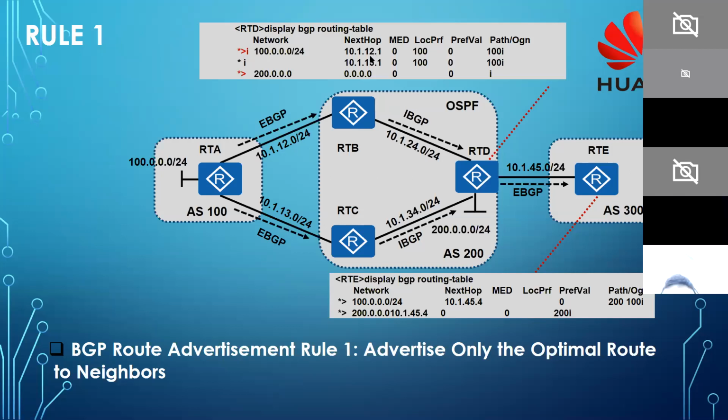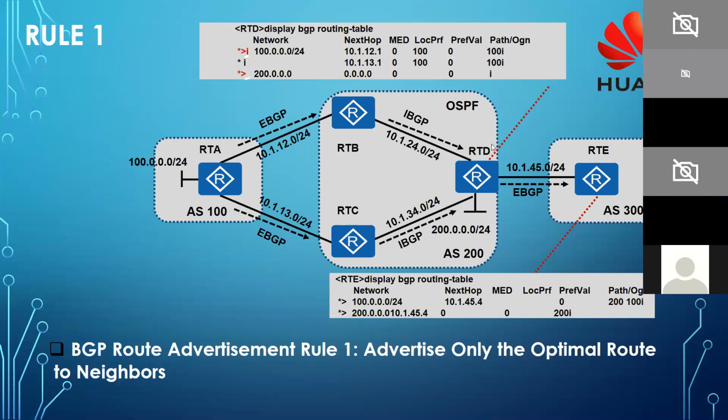Here you see that there is an I. The I in the left of the column means that I learned this route via iBGP. When you don't find the I, I learned it via eBGP. And here I learned it via eBGP.